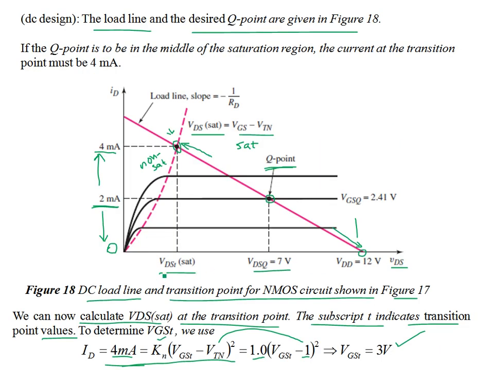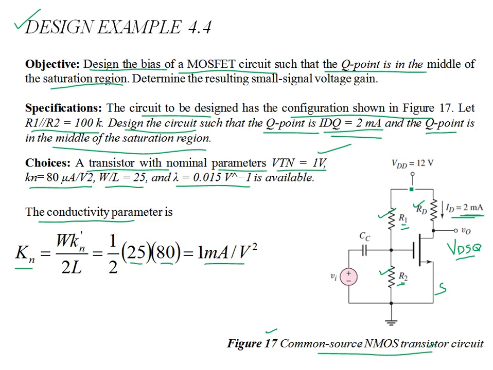Between this point and VDD, which is the other extreme of the load line, where the drain current ID is supposed to be 0, the voltage should be equal to 12 volts, right? Because VDD minus IDRD is your VDS.